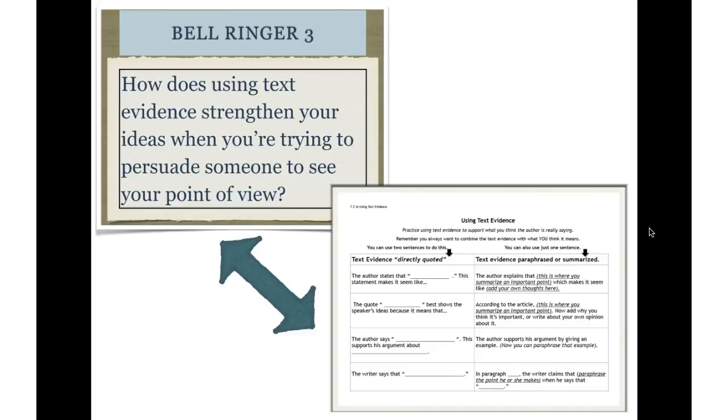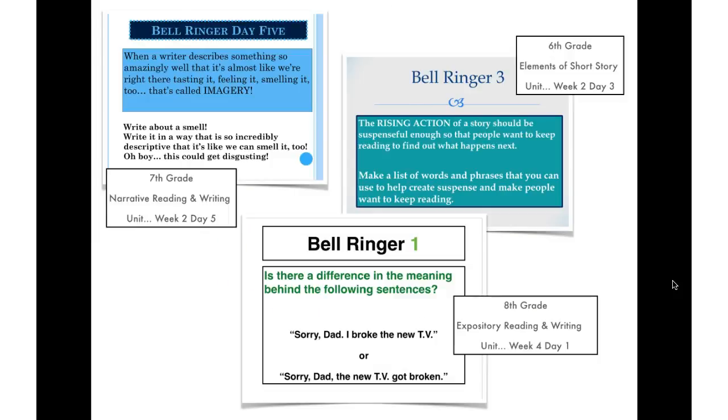So this is an example of where the bell ringer starts out by setting things in order so that everything in class aligns. You can see an activity down here in the lower right hand side, and that is one of the activities for the day so that it actually falls into place. So from the bell ringer to the activities to the closing exit ticket or the quiz, everything is aligned perfectly.